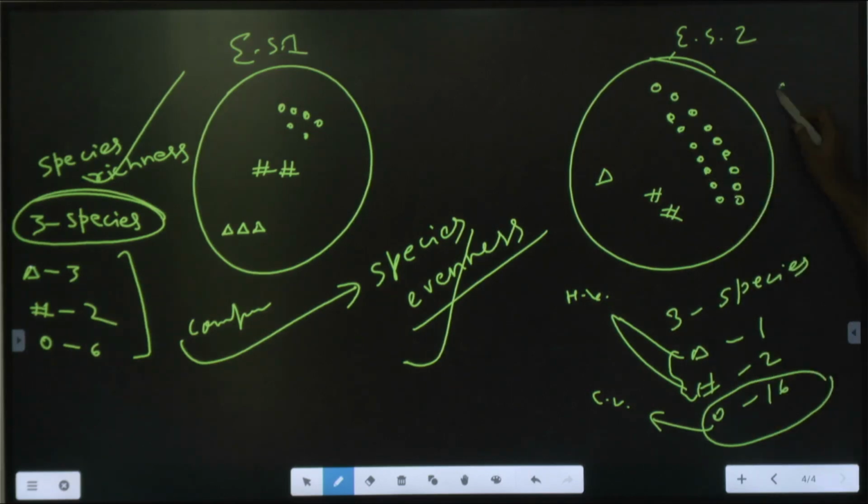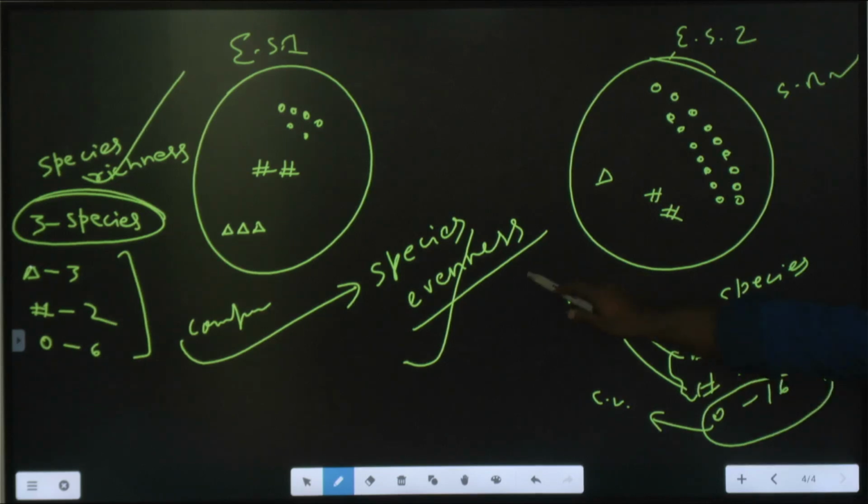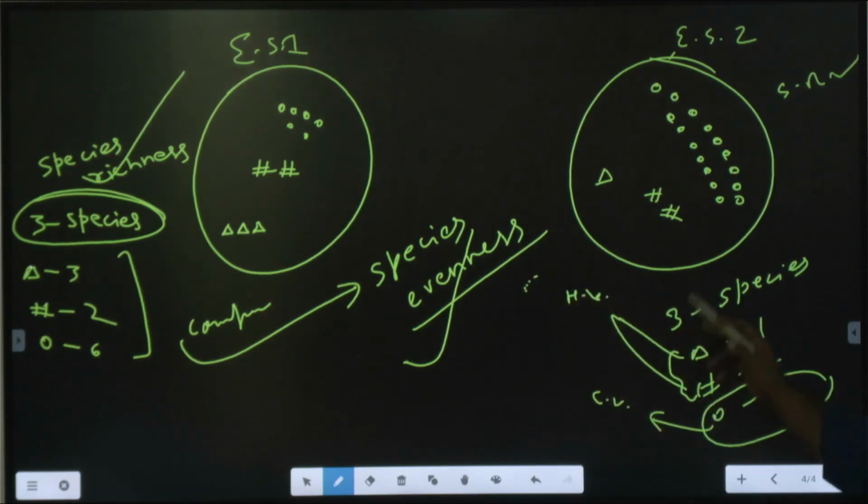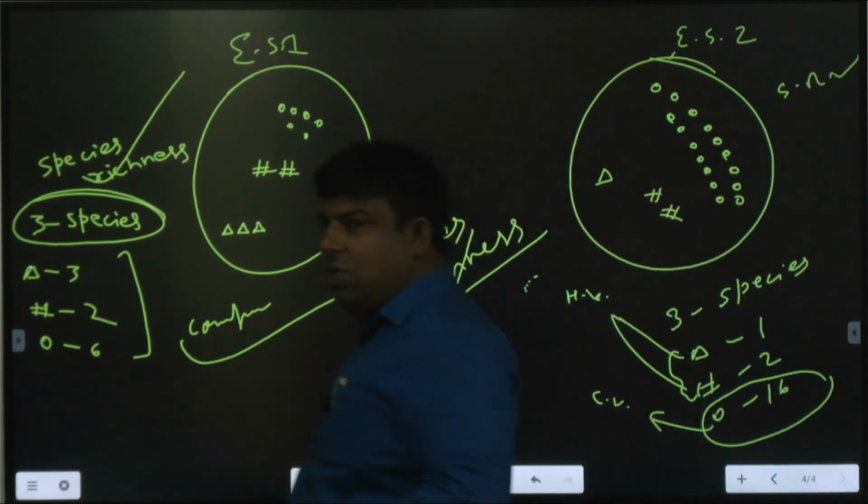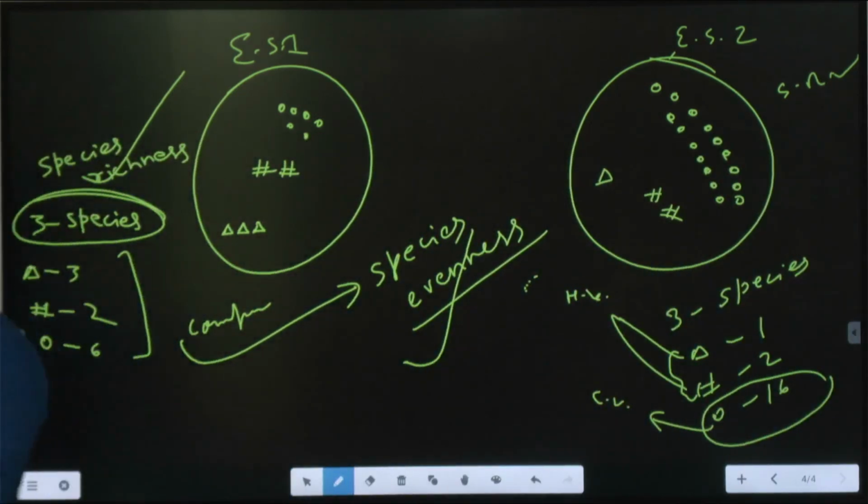Here we can say that there is species richness, but which angle is missing? Species evenness is not there within second ecosystem, right? So if our interest is to ensure a very healthy level of biodiversity at any given location, we need to work upon both these requirements as requirements of species richness and species evenness, right? समझ में ये दोनों कॉन्सेप्ट क्या है?